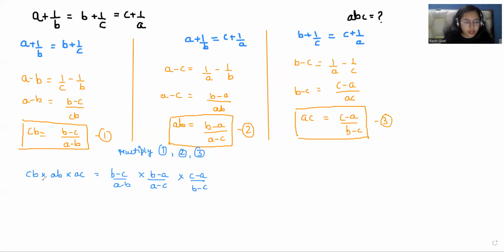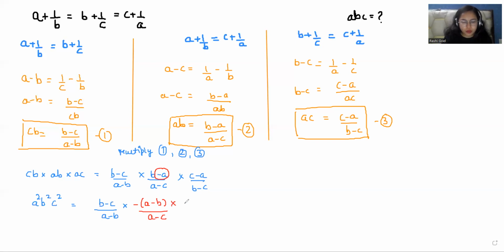Now on the left side, every term appears twice, so I can write it as a squared b squared c squared is equal to b minus c over a minus b multiplied. If I take the minus sign from this, it looks like a minus b over a minus c multiplied.